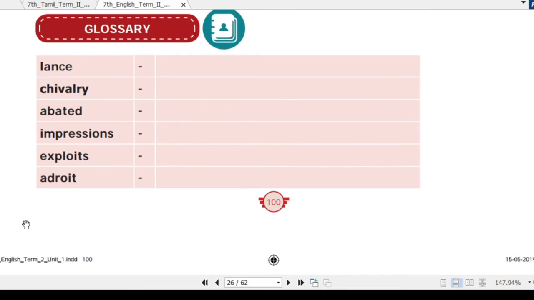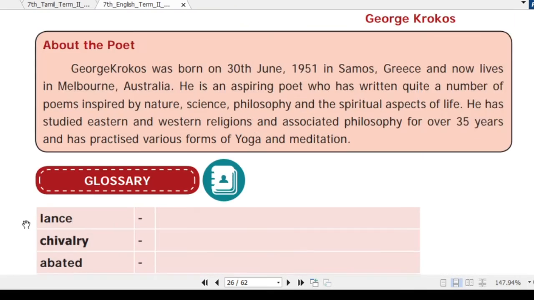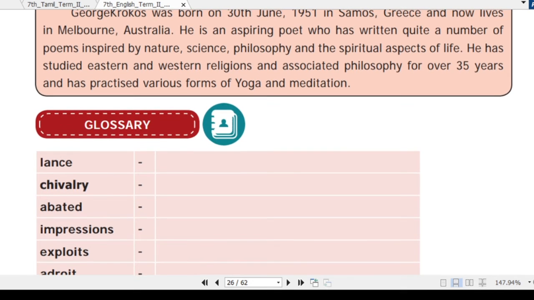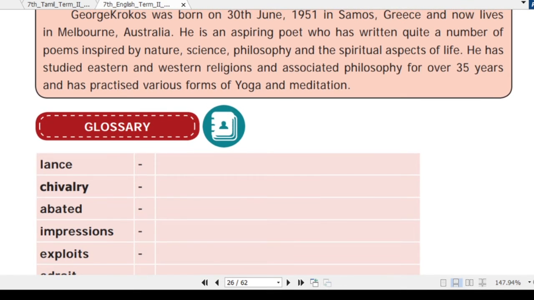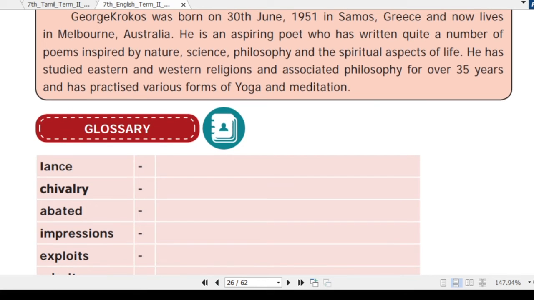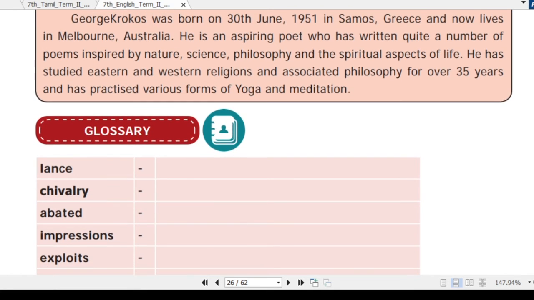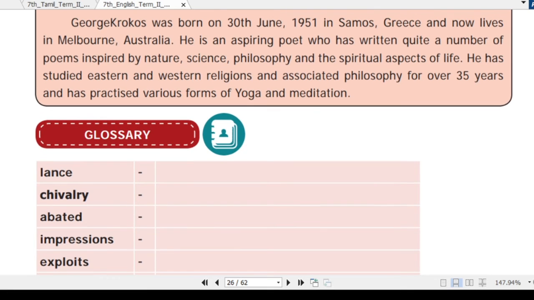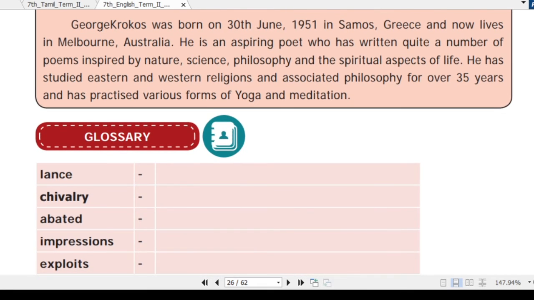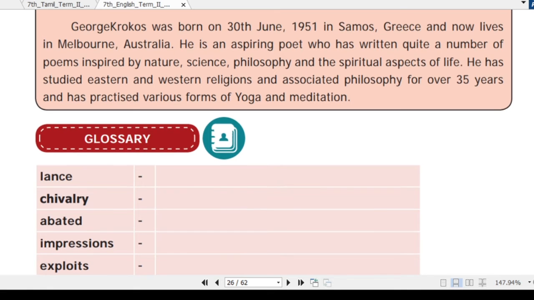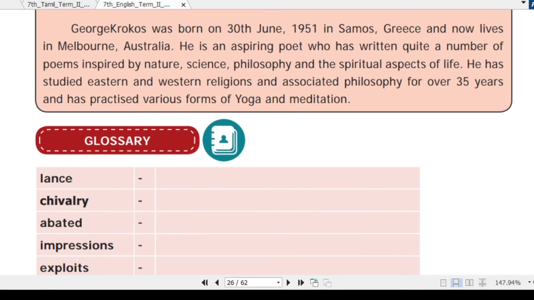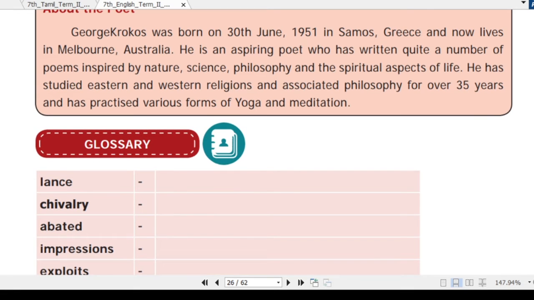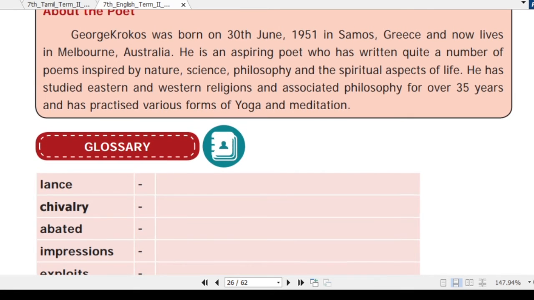So you have to write the meaning of these things. What is the meaning of lance? L-A-N-C-E, lance. A long weapon with a wooden shaft and a pointed steel head, formerly used by horsemen.